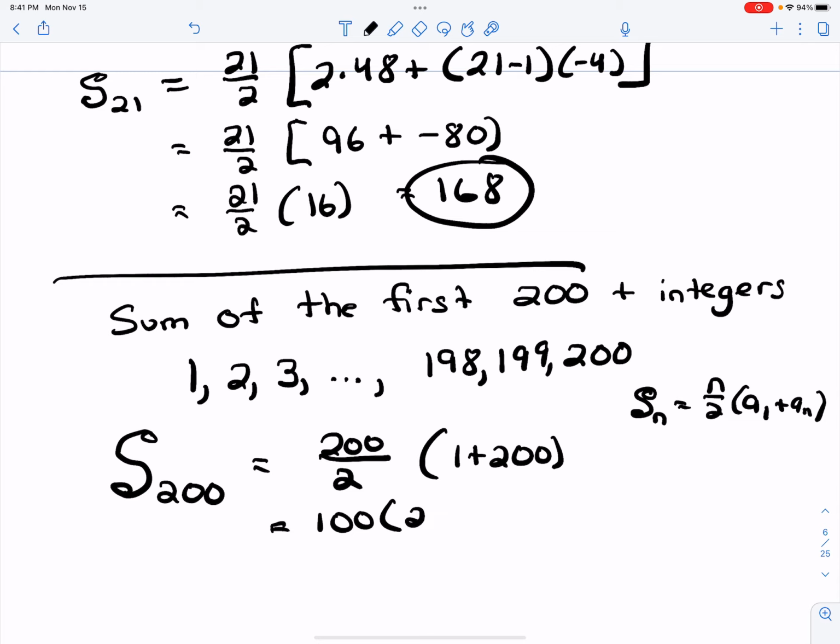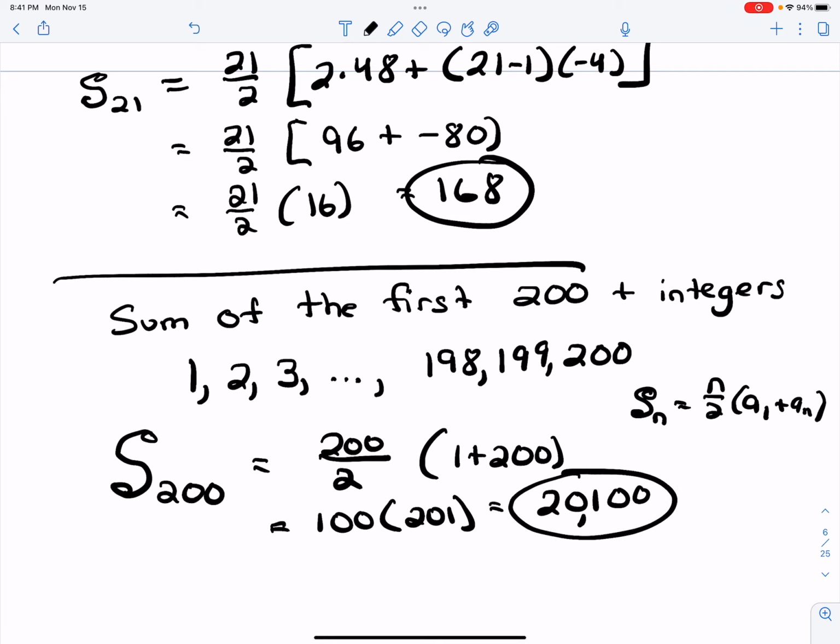So 100 times 201, and that gives us 20,100. So very quickly, we figured out the sum of the first 200 positive integers. We didn't have to add them in our calculators or on our fingers. We didn't have to do 1 plus 2 plus 3 plus 4 plus 5 all the way to plus 199 plus 200. Nope. We have a formula. I like that.